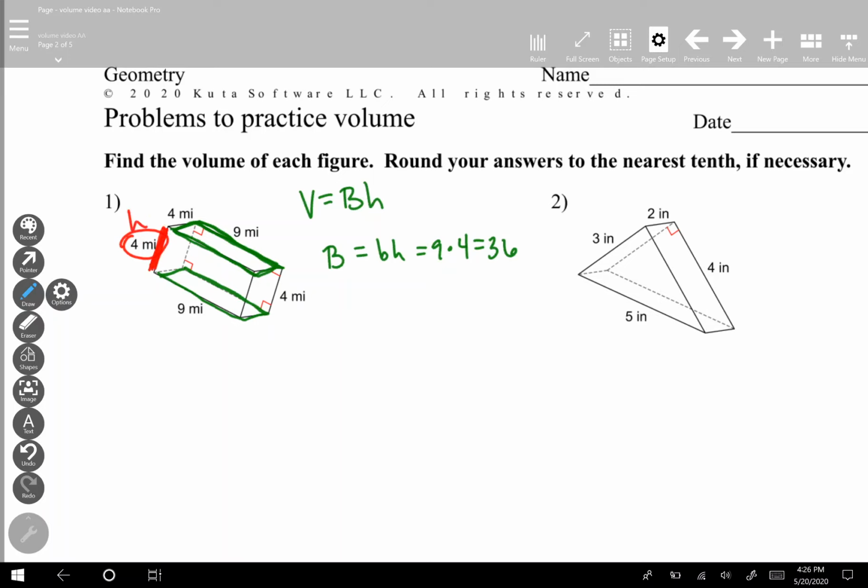So the height of the prism is 4. So the volume of this prism is going to be the area of the base, which we figured out was 36, times the height of the prism, which is 4. So 36 times 4, and you will get 144. Alright, next one.